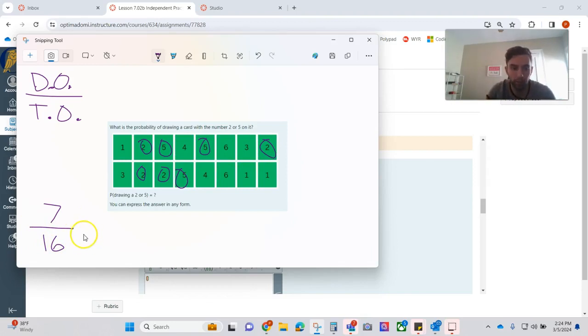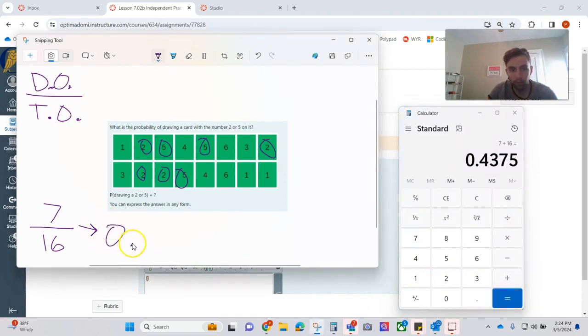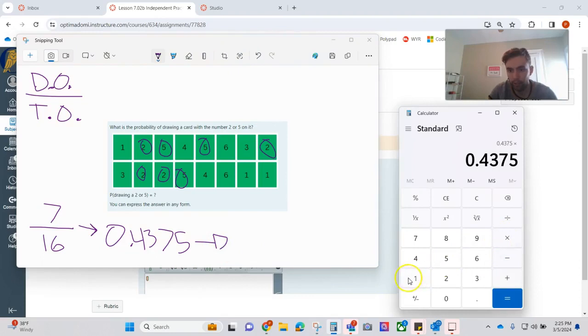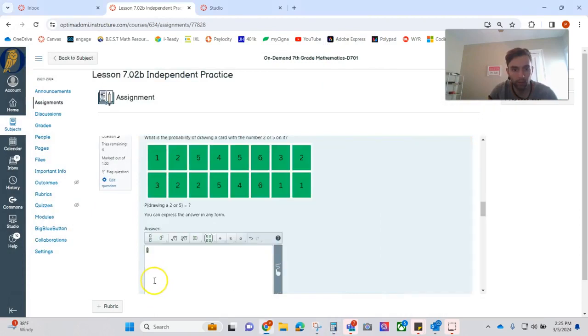Now that I have a fraction, let's turn this fraction into a percent by first turning it into a decimal, top number divided by bottom number, 0.4375. Then I can turn this decimal into a percent by timesing by 100, 43.75%. I'm not going to round because it doesn't tell me to.